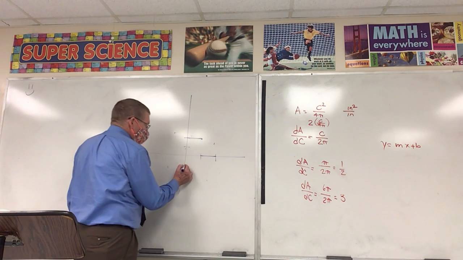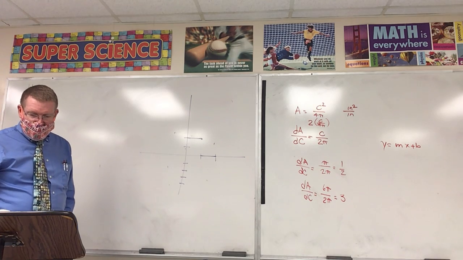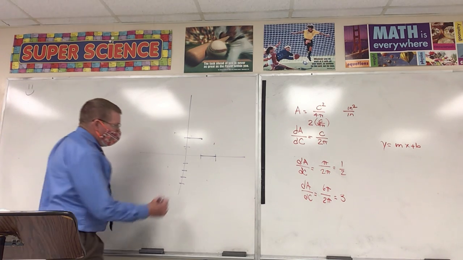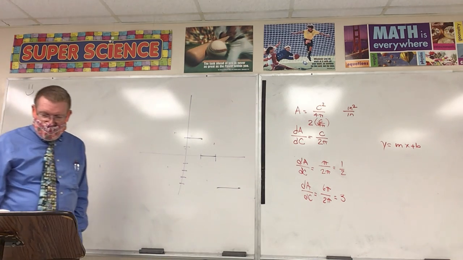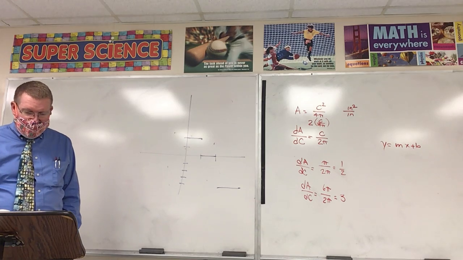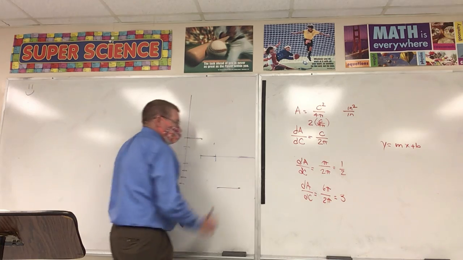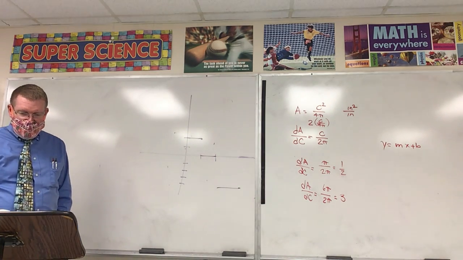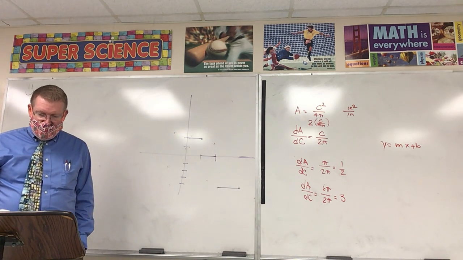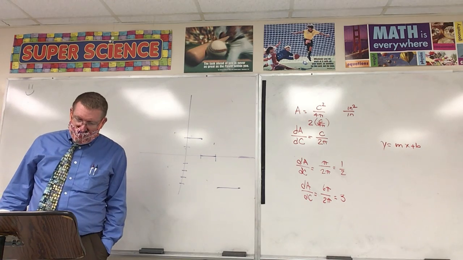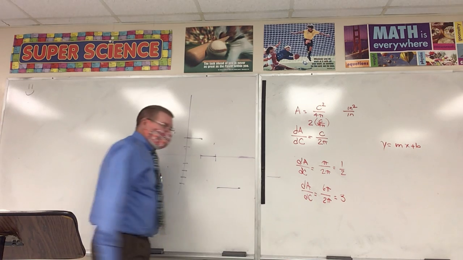Negative 4, since the y-axis is in 2s. From 3 to 5, what's my slope? Zero. From 5 to 6, what's my slope? Negative 2. Everybody agree? So there's the graph of my derivative.